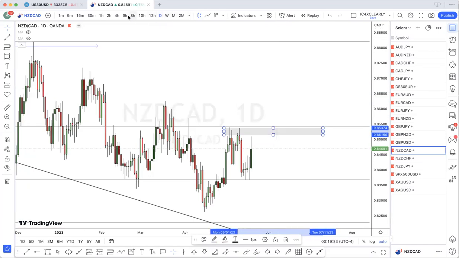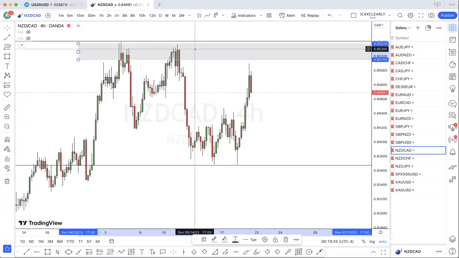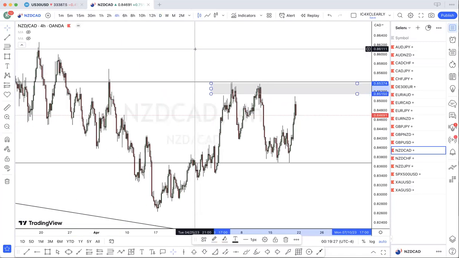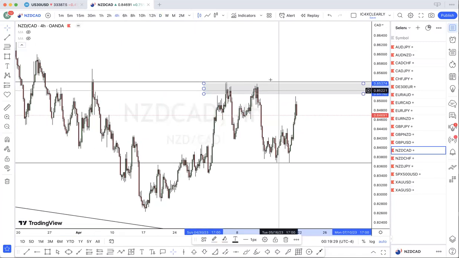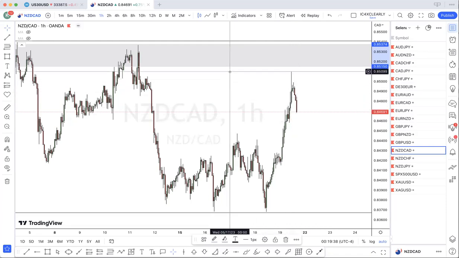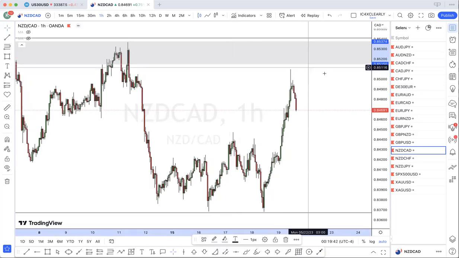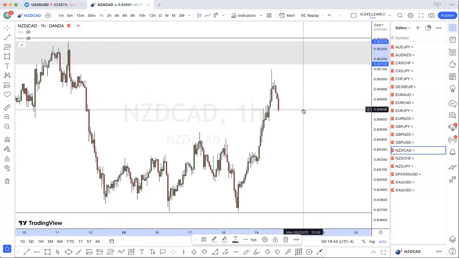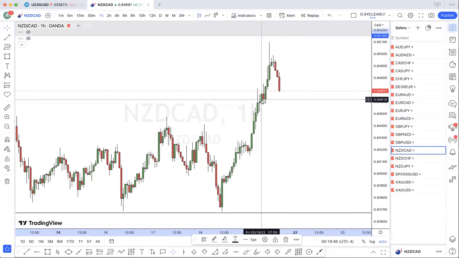Or if you go down to the smaller time frame, if price breaks structure, you see this tapped into this order block on the 1 hour and it's pulling back into an order block.